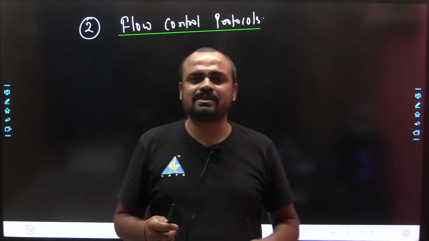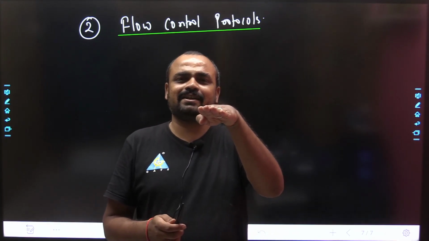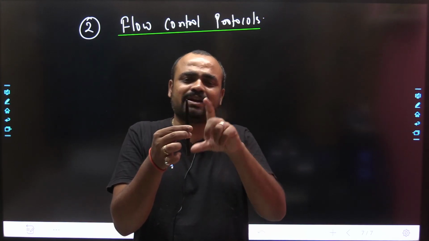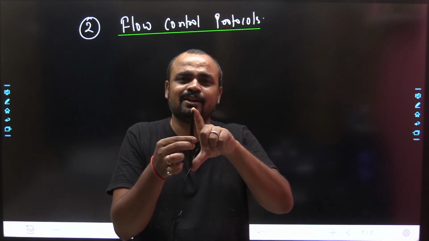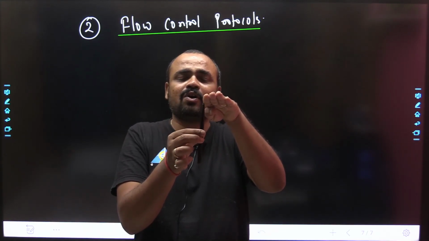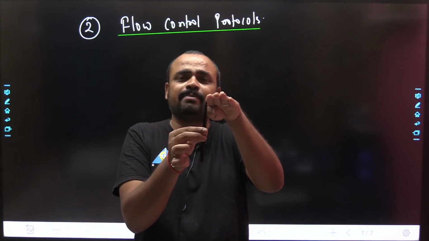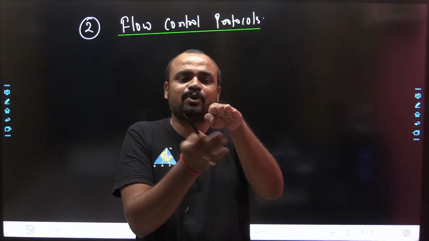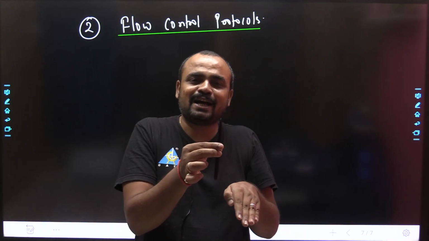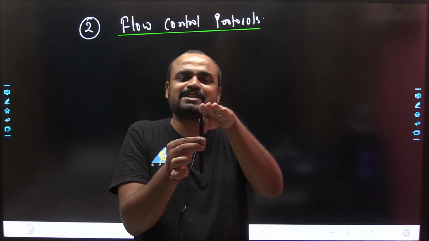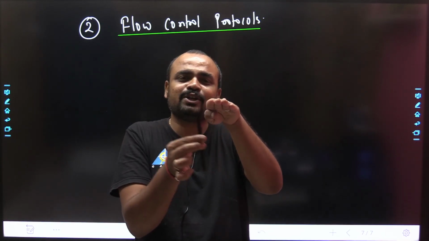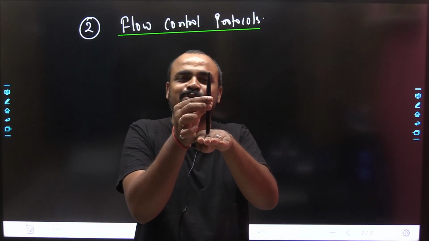Because what will happen? Suppose this is the sender, and the sender has this particular frame. So definitely this frame will have some size. So how much time will this sender take to drop this particular frame from its buffer? Because inside the sender there is a buffer where the frame is residing. Are you getting my point or not? So how much time will the sender take to drop this frame from its buffer to the wired medium?